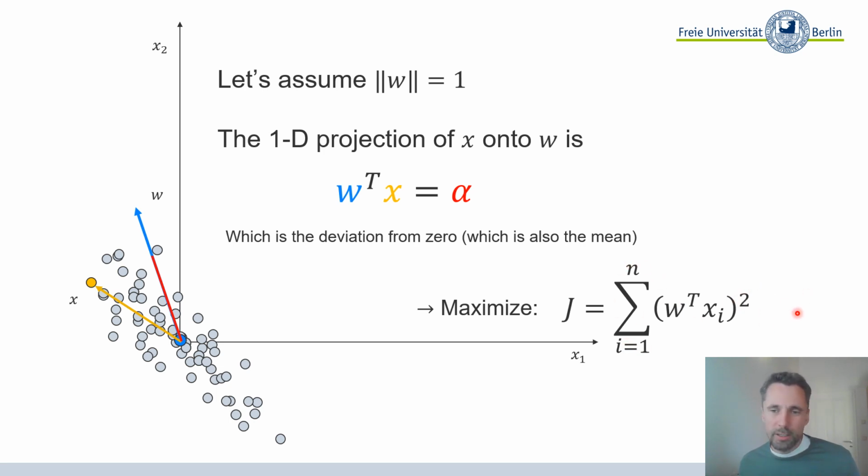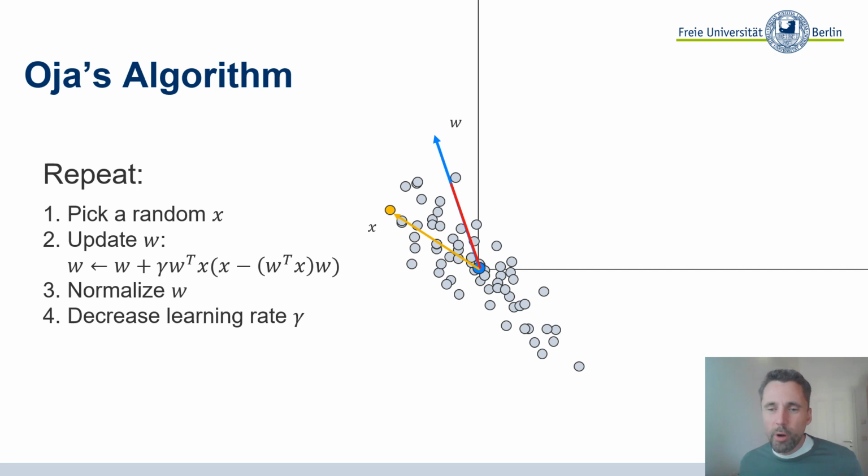We could divide it by the number of data points, but anyway, it will be maximum if we don't divide it, so we just keep it simple. So this is our maximization criterion. Before I show you how we would usually do it, I will show you Oja's algorithm.